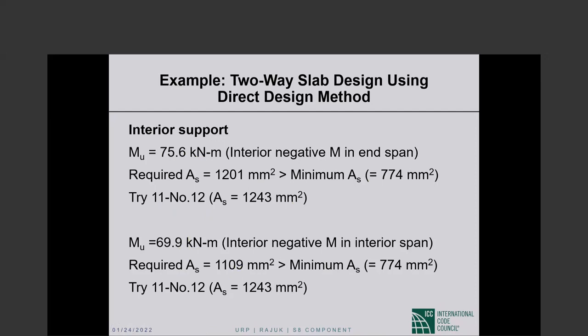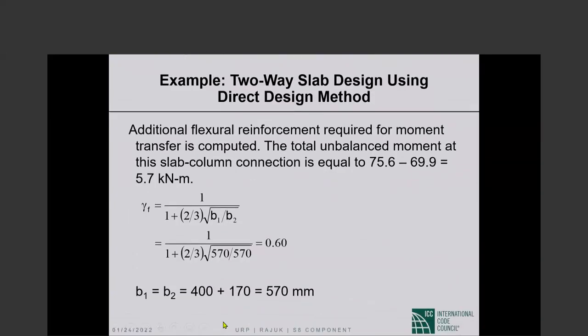But we will provide the same 11 number 12. We provide the larger amount. The unbalanced moment, as I said, is the difference between the 75.6 and the 69.9, a very small 5.7 kilonewton meters.